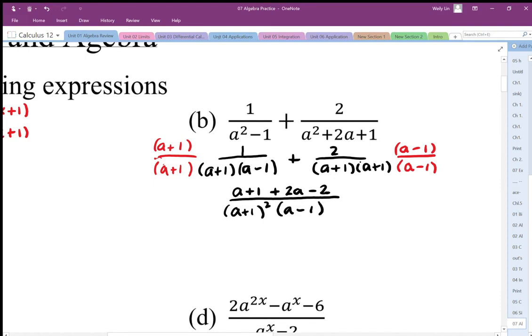Then combine like terms, we have 3a minus 1. Let's rewrite that: 3a minus 1 over a plus 1 squared times a minus 1.